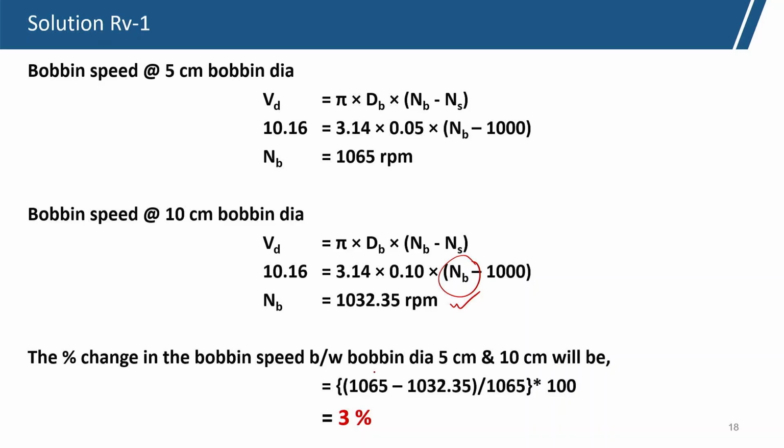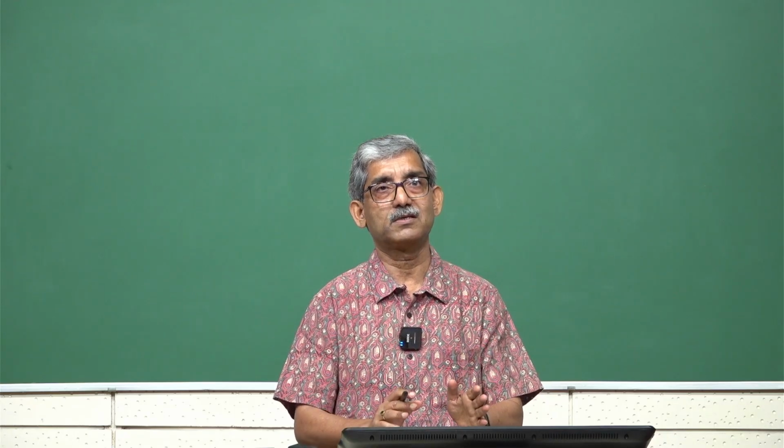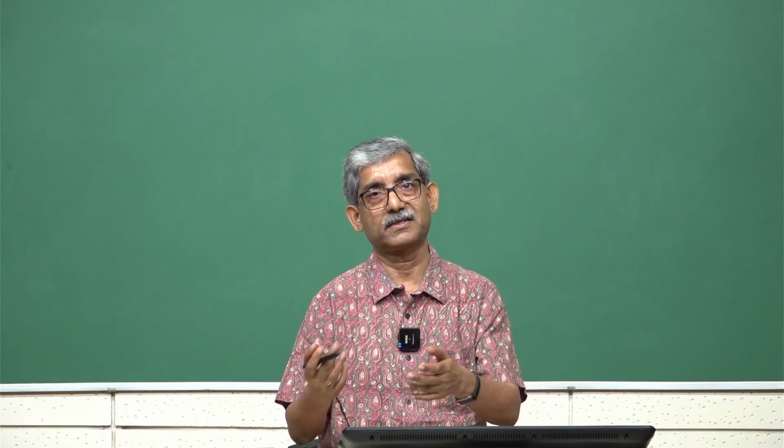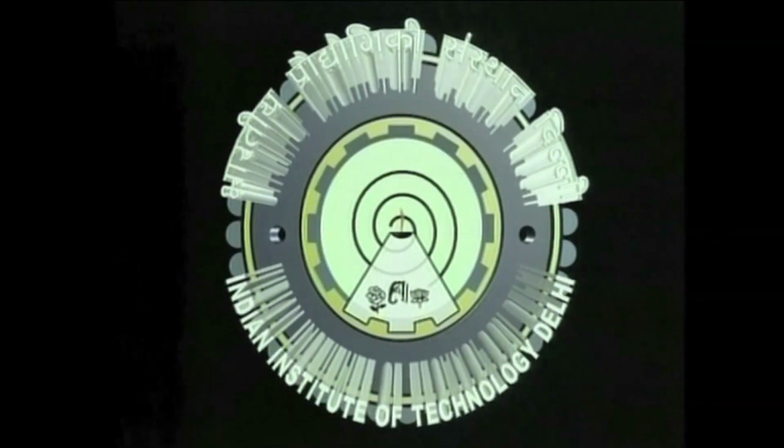So, this is the initial, and at 10 centimeter it is reduced, and divided by 1065, it is 3%. Okay. Now, we have several other numericals, and we will stop here, we will continue with these numericals in the next session. Till then, thank you.